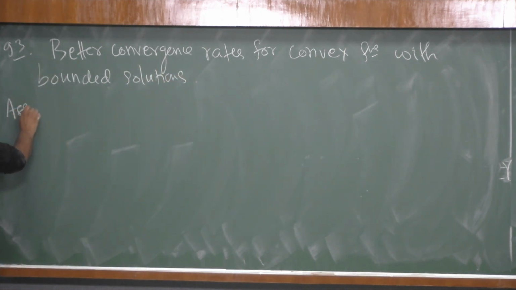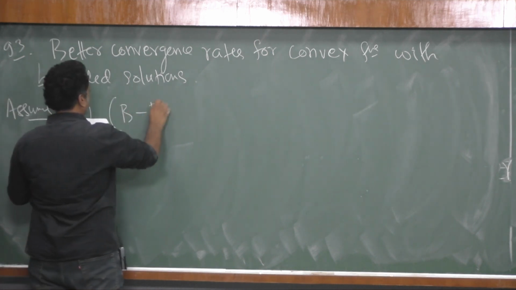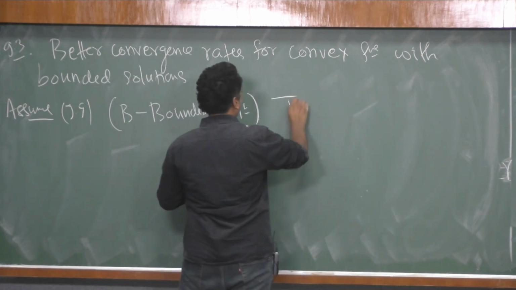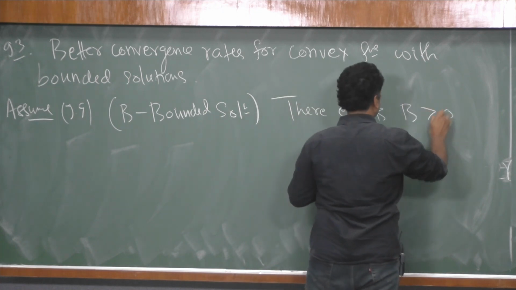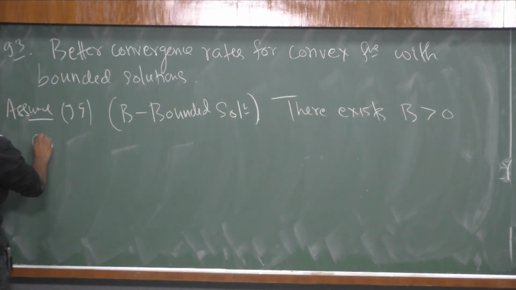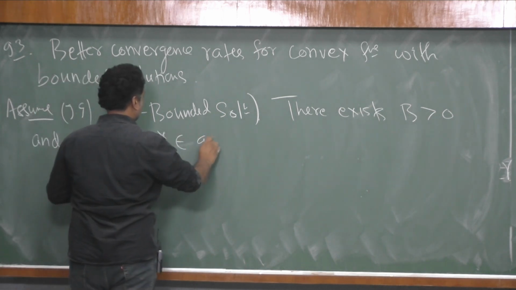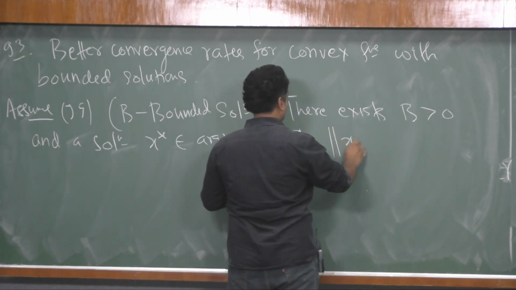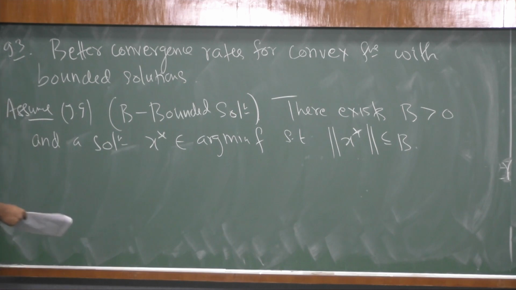So what we will assume is 9.9, which says B bounded. So this means that there exists a constant B greater than 0 and a solution x star in argmin f such that norm of x star is less than or equal to B. So basically it says the solutions that I get are bounded.